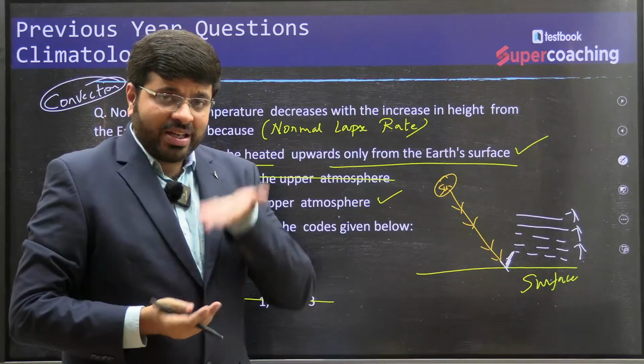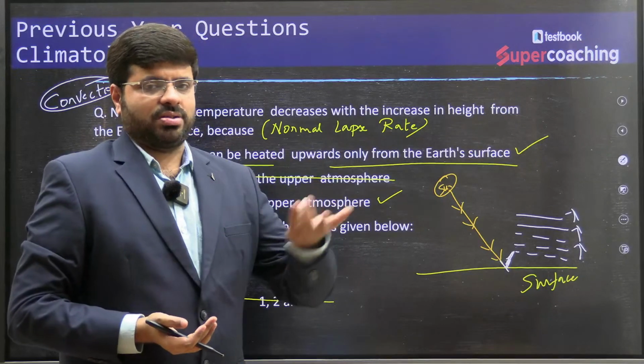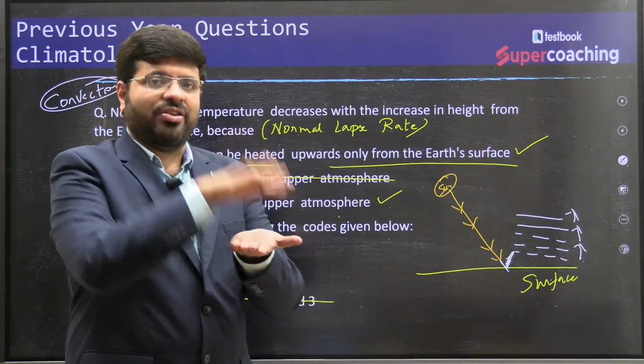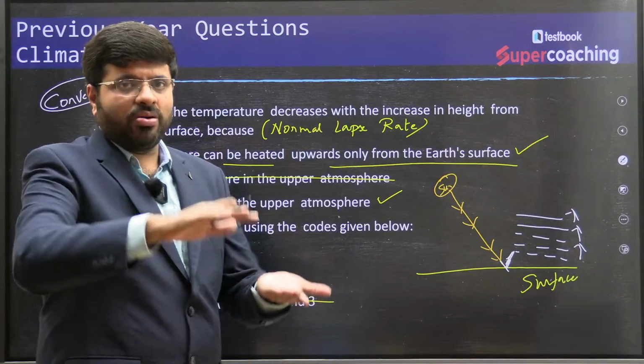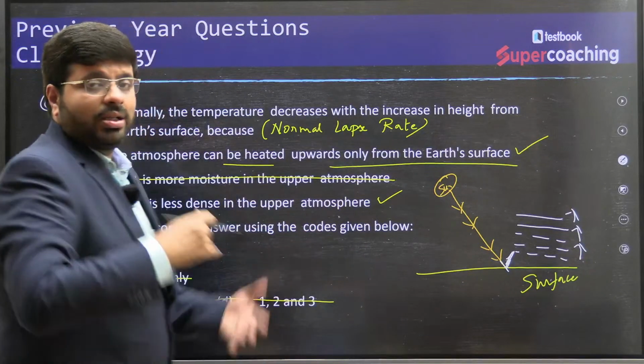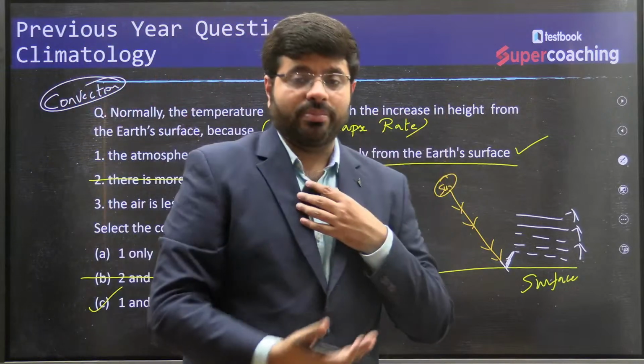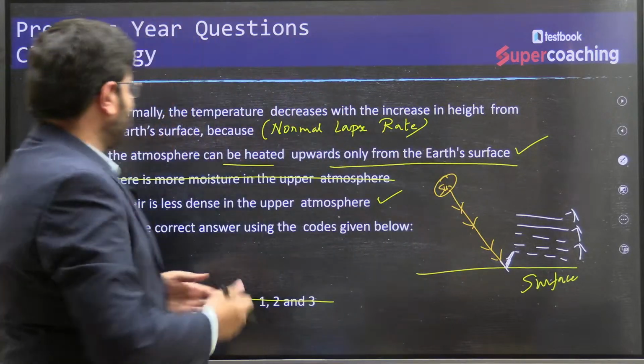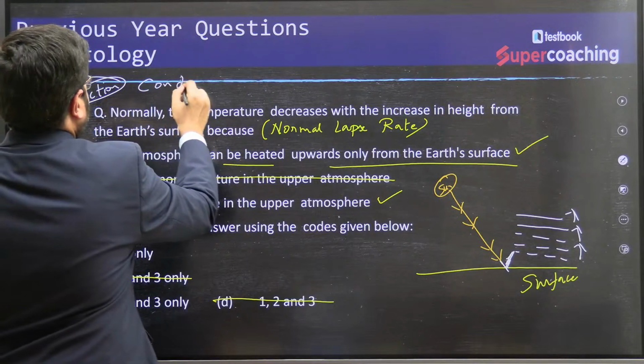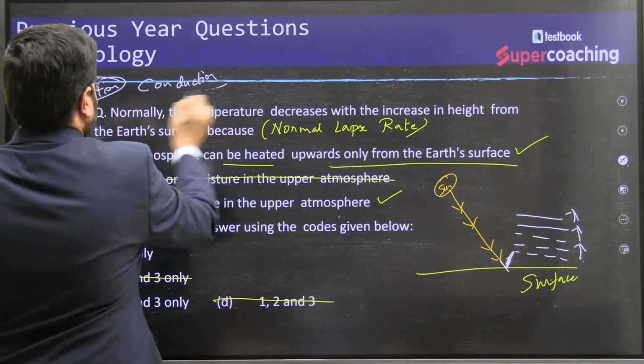The very nearest layer to the surface, the layer just above the ground level, is impacted by the heat of the earth's surface. That is what we call conduction.